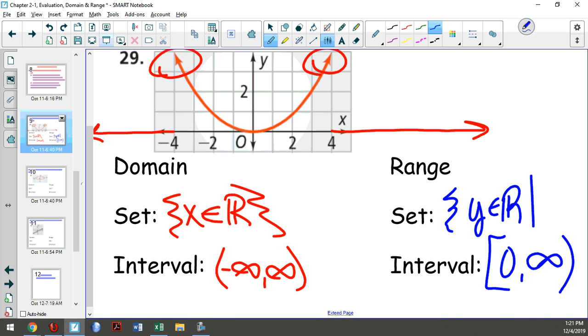Y can be any value as long as what? Y is greater than or equal to 0, close your brace. Y deals with the range, which is why you have to use that letter. Do we understand this, yes or no?